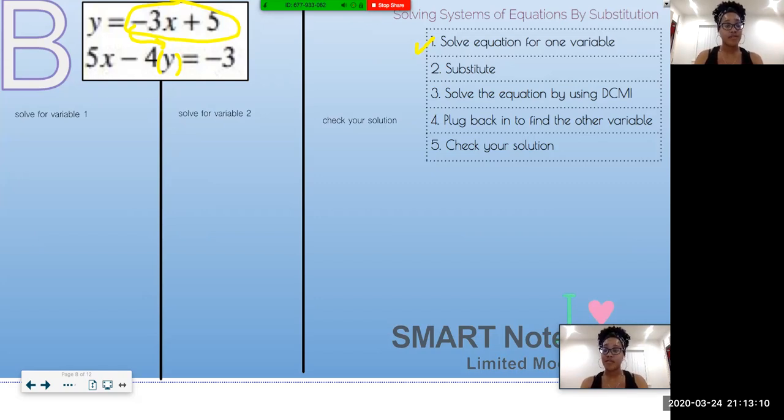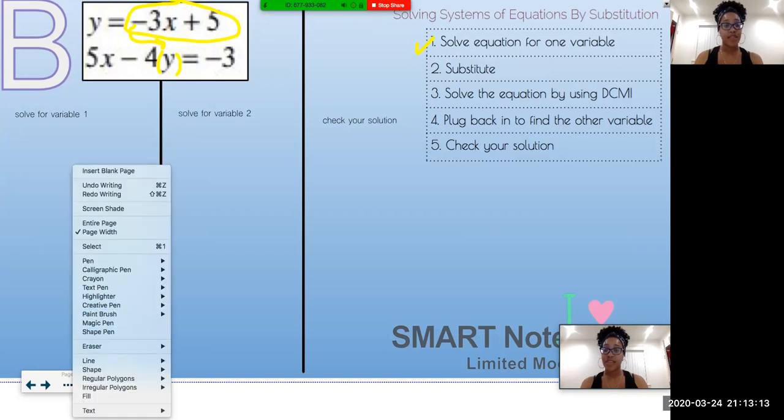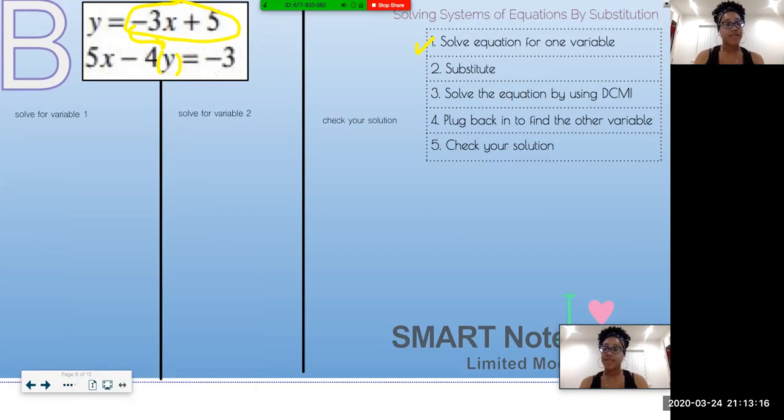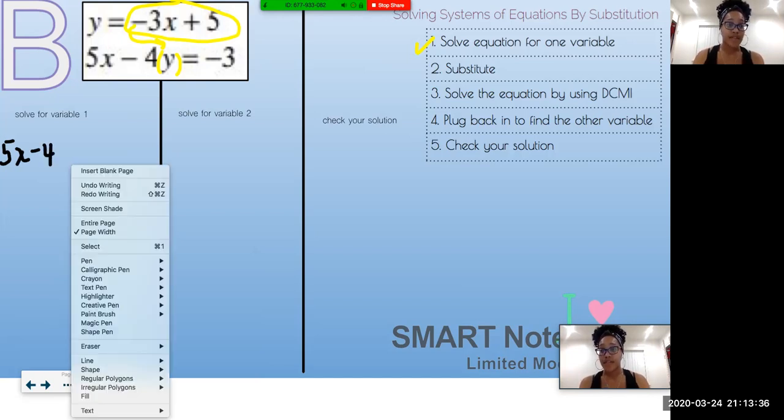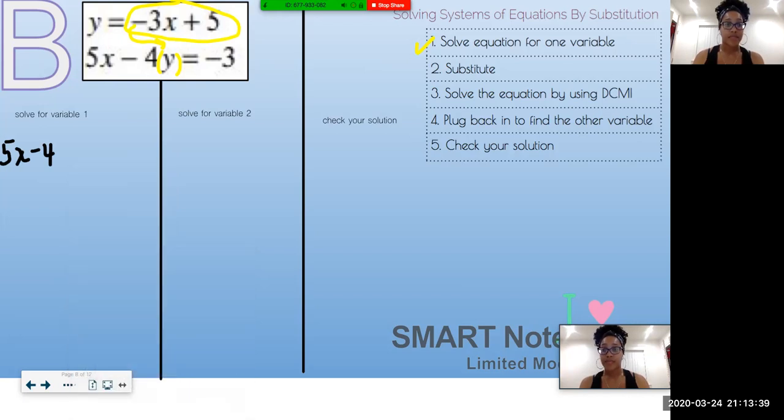All right, so what I'm going to do is write the problem what they gave us in black. So what they gave us, I'm going to substitute in this into this equation, right? Because we know now what the value of y is. So 5x minus 4, like we said, the value of y, everywhere we saw y, we were going to replace it using parentheses with negative 3x plus 5.